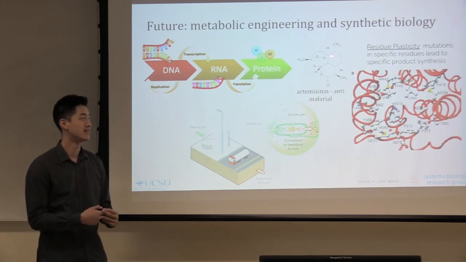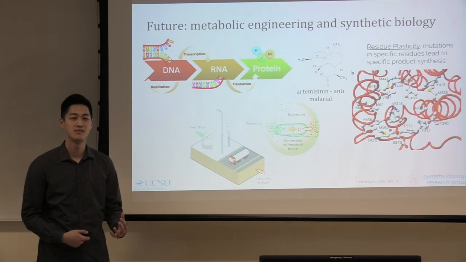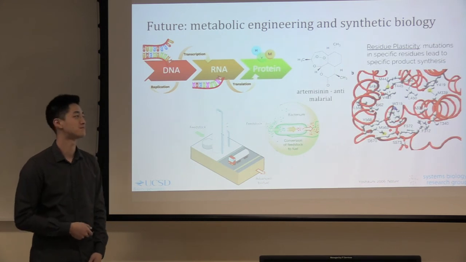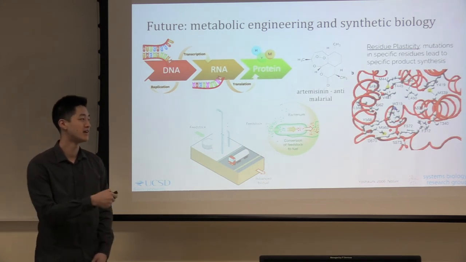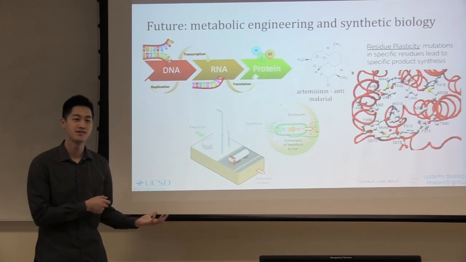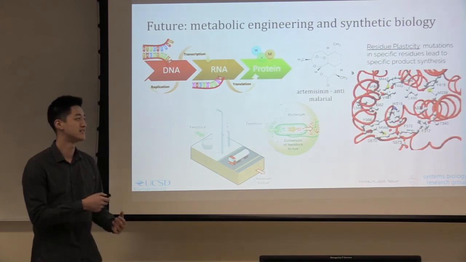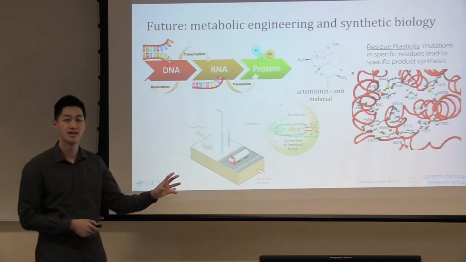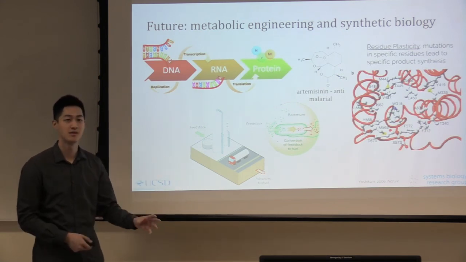So producing things like this at a larger scale using a host cell would be extremely applicable. I think there are a lot of applications being explored by industrial companies to do this kind of work. And it's really interesting to be able to optimize that based on the knowledge that you can get from protein structures as well as metabolic networks.